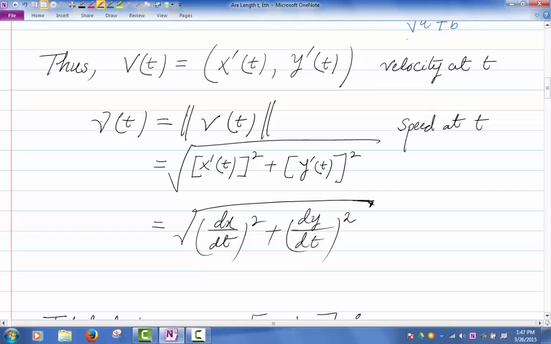The speed is the square root of the square of the first component plus the square of the second component. That is exactly the square root of the derivative of x with respect to t squared plus the derivative of y with respect to t squared. So that's the speed at time t.